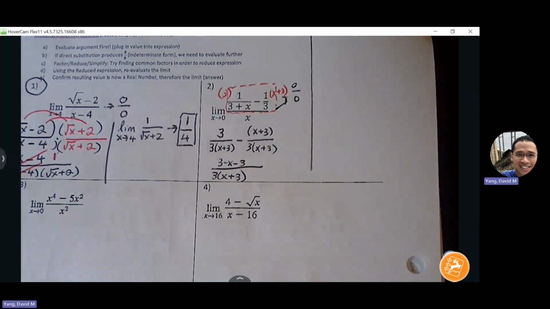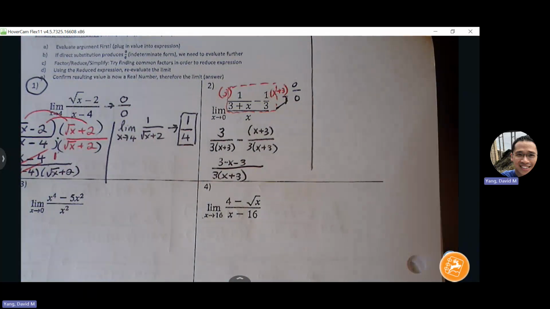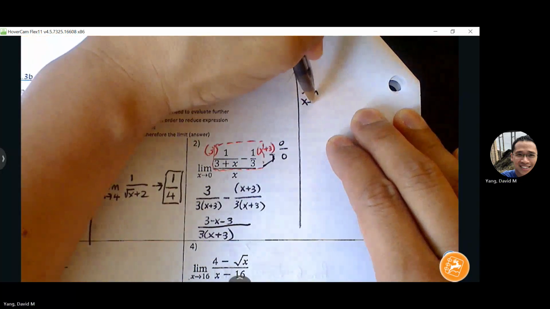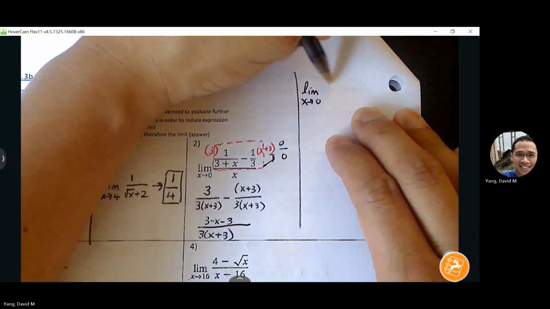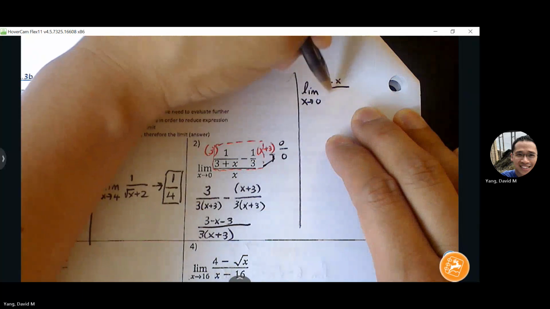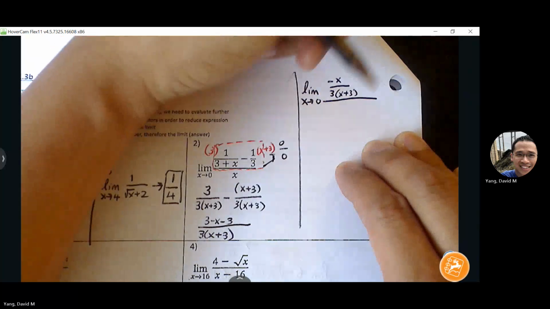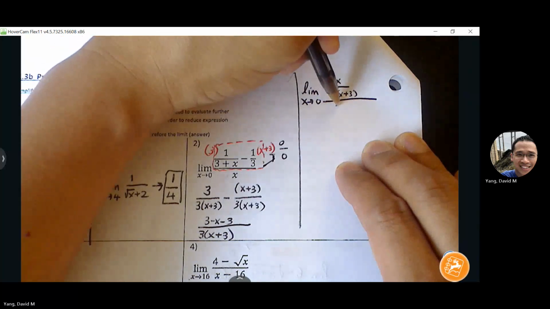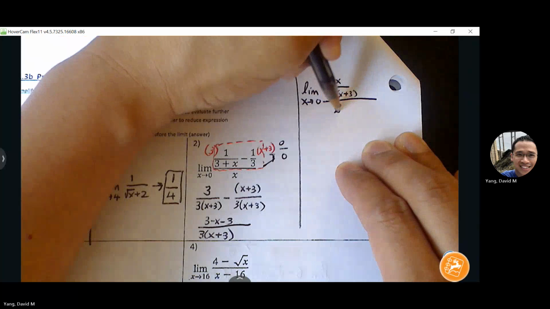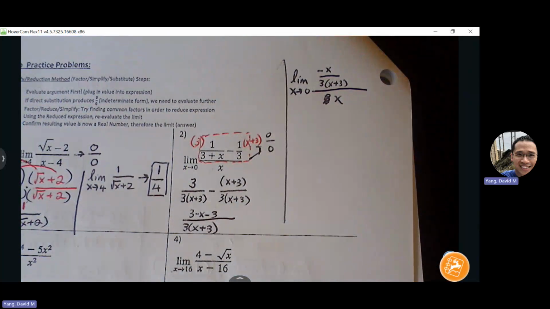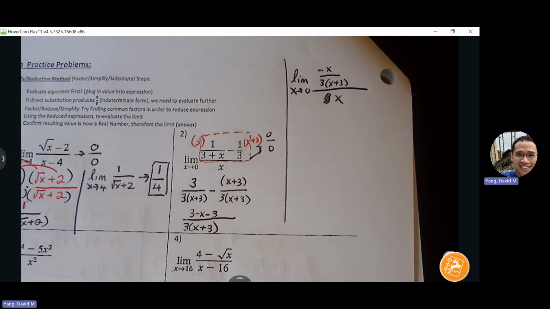Again, the 3's will cancel out nicely. There's a negative x that shows up. So very similar pattern from what we saw. Okay, let's bring that denominator up to the top by turning it into a multiplication problem.